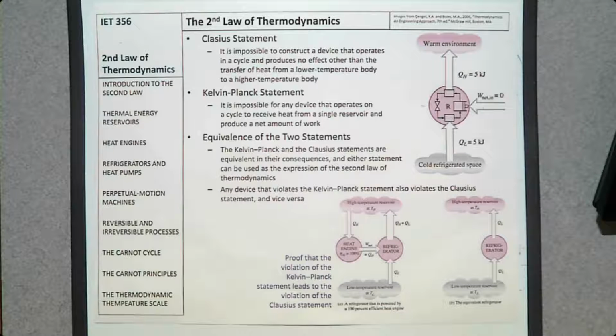The first one is Clausius' statement. It is impossible to construct a device that operates in a cycle and produces no effect other than transfer of heat from a lower temperature body to a higher temperature body. Sounds very complicated?